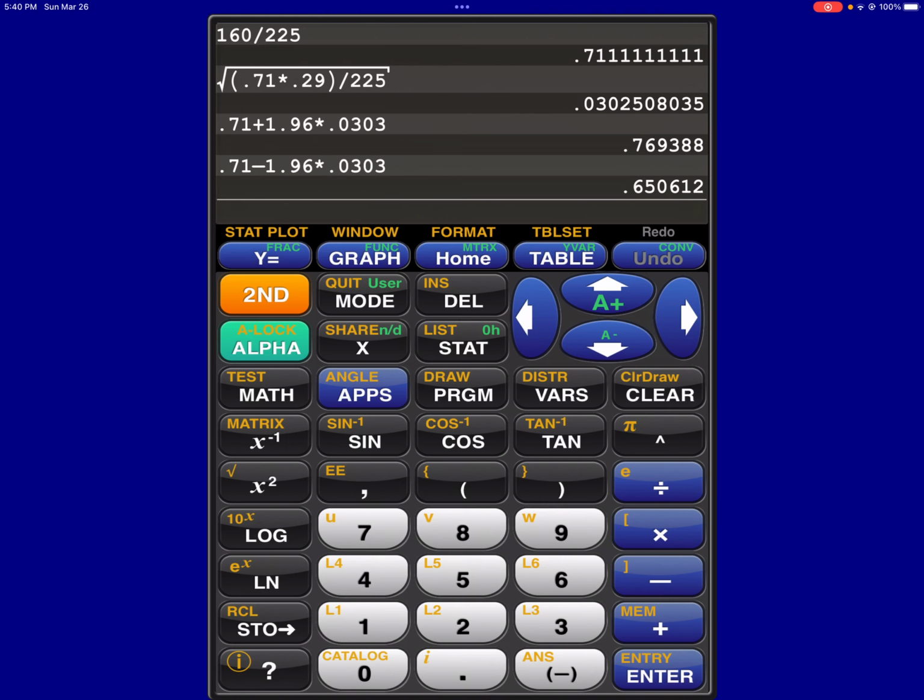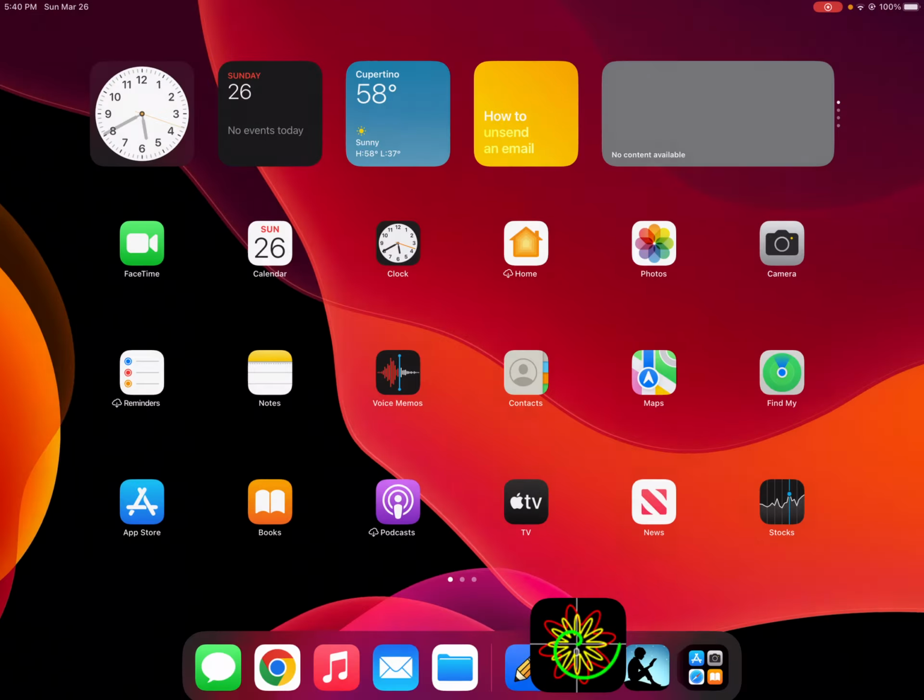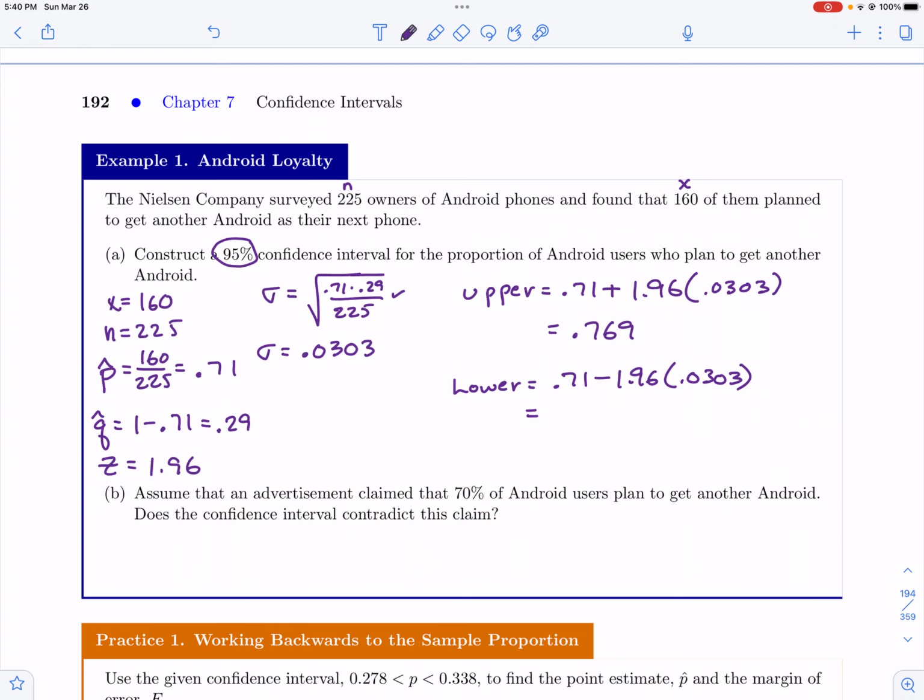It looks like 0.651. All right, so putting everything back together, our population proportion is going to live somewhere between 0.651 and 0.769. Or if you like to write these in percentages, it would be 65.1% less than p, less than 76.9%. So either one of those is correct.